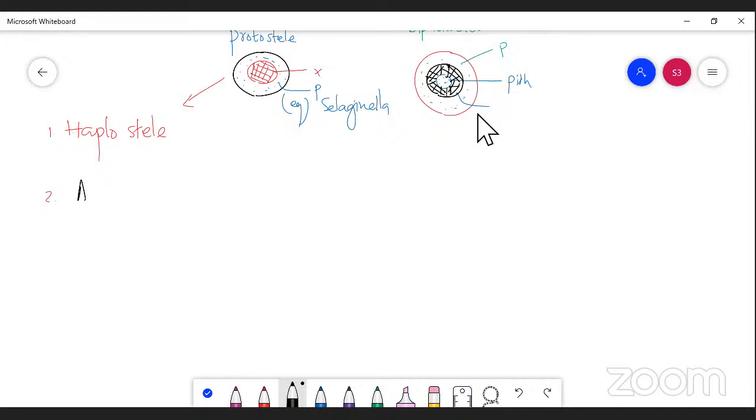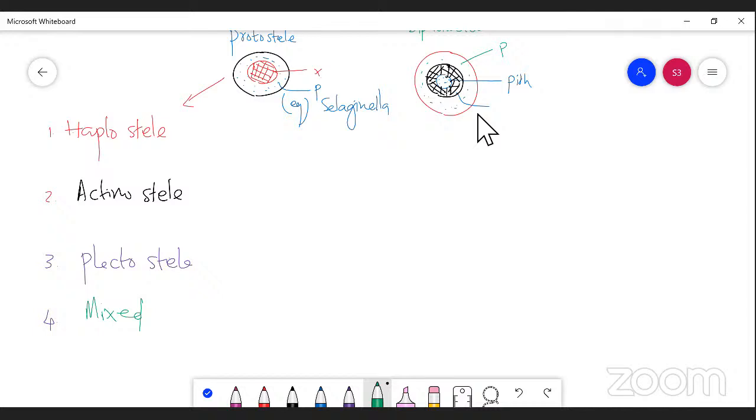The second category is actinostele. The third category is plectostele. The fourth category is mixed stele. So this is the classification of protostele. I'll repeat it: the first type is haplostele, the second is actinostele, the third is plectostele, and the fourth is mixed type.